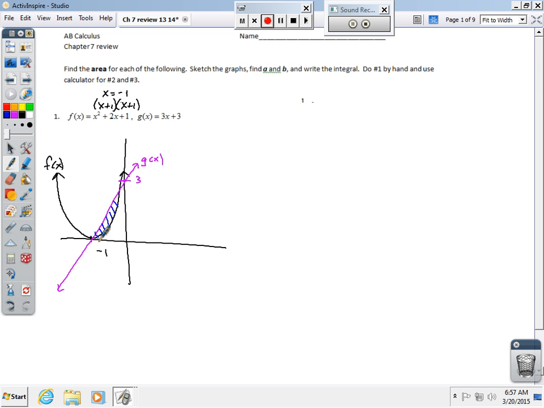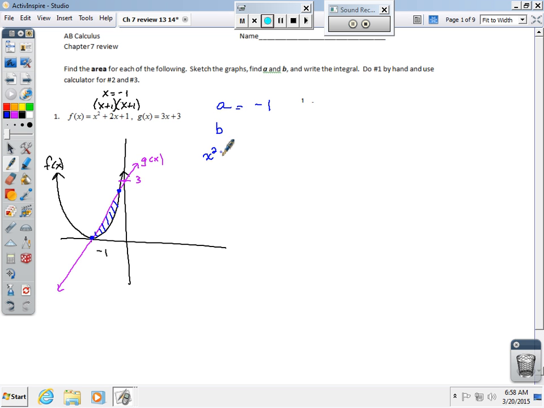Okay, so the next thing is we're going to find our lower and upper bounds for this. So our lower bound's -1, and our upper bound is this point here. Now my graph might not be exactly correct, but to find that upper bound, I'll set these equations equal to each other.